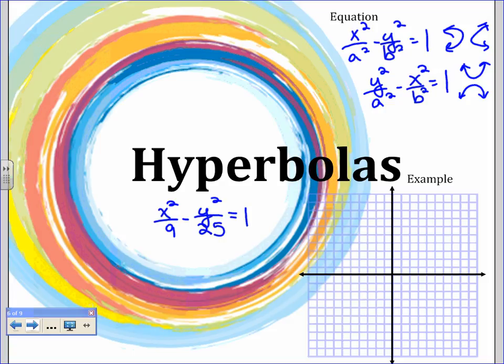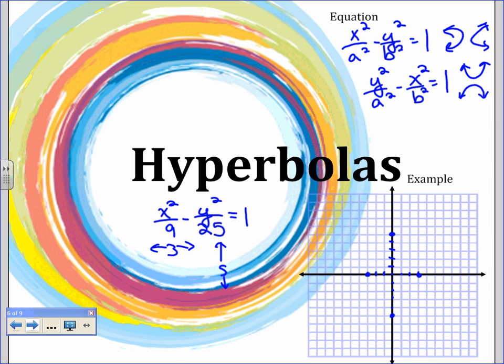And I'm going to go left and right 3. And then I'm going to go up and down 5 because the 5 is with the y and the 3 is with the x. So from the center, I'm going to go 1, 2, 3, 1, 2, 3. And then I'm going to go up and down 1, 2, 3, 4, 5, 1, 2, 3, 4, 5.